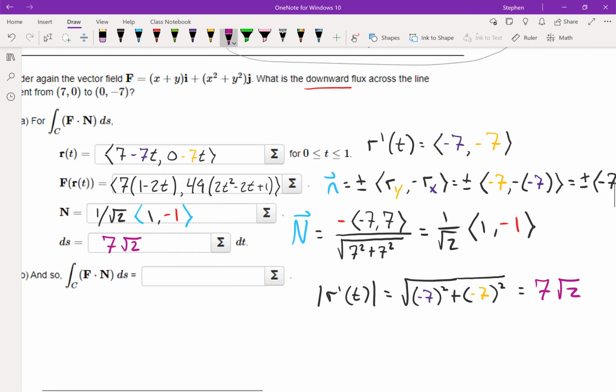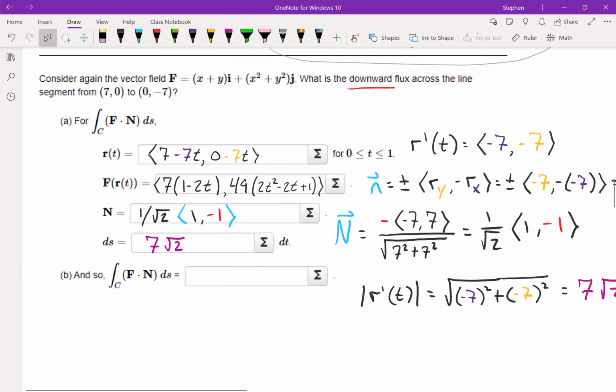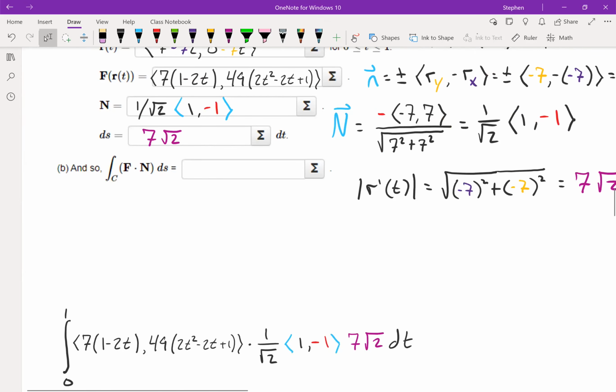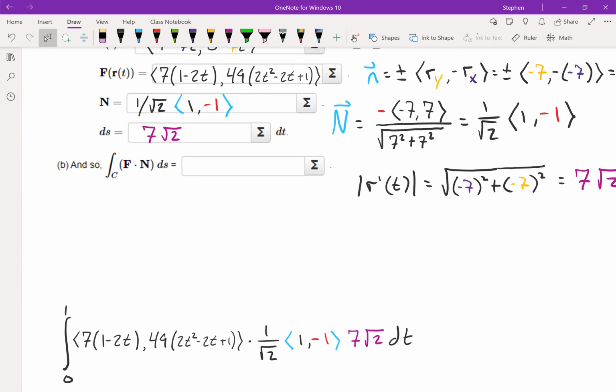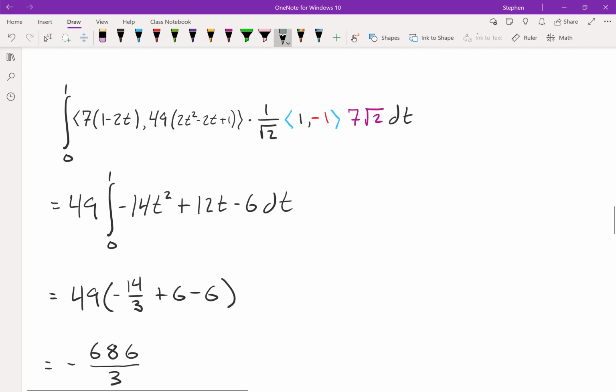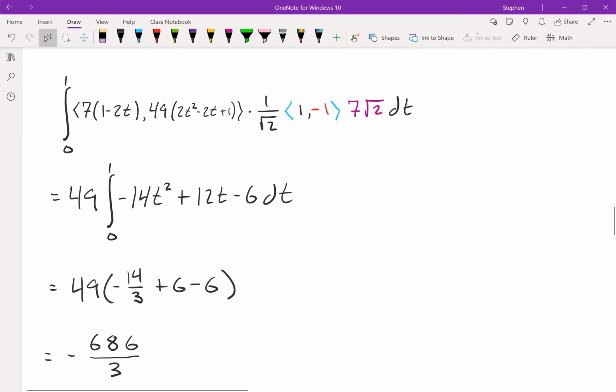All right, and finally, I'm after the evaluation of that flux integral, which if I plug everything in, I should get the integral we see down here. Since I've already done a few of the steps already, I'll go ahead and scroll down as I talk about it.